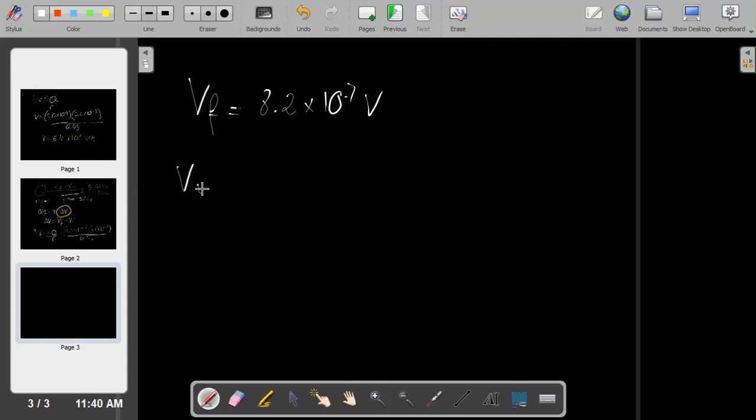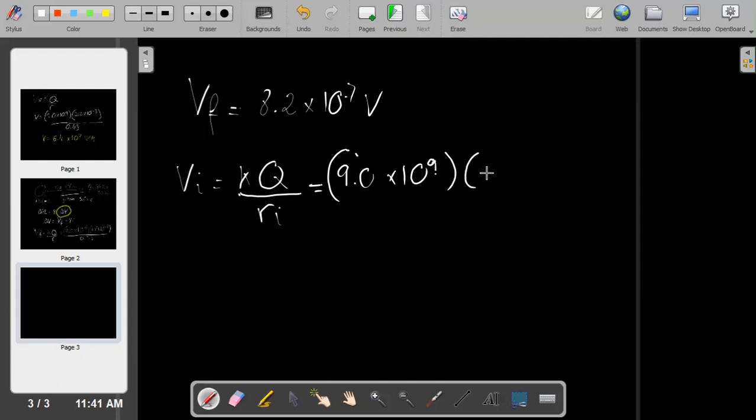So our initial is going to be our Coulomb's constant, 9.0 times 10 to the 9, multiplying our fixed charge, and remember that charge had incorrect units, so you needed to change that, multiplying by 10 to the minus 3. And all divided by our distance initially.